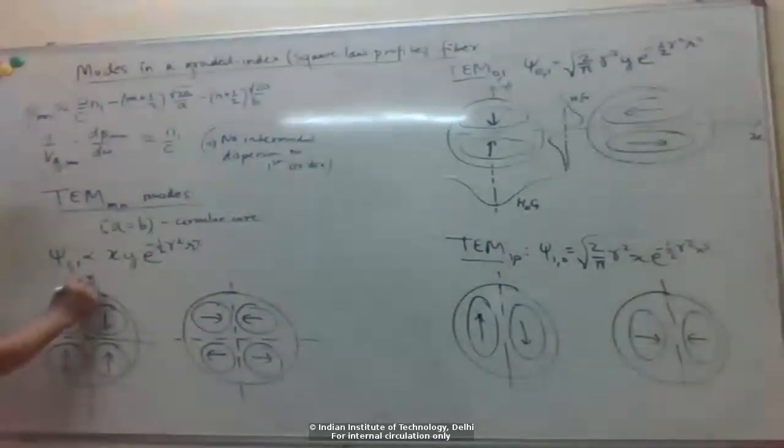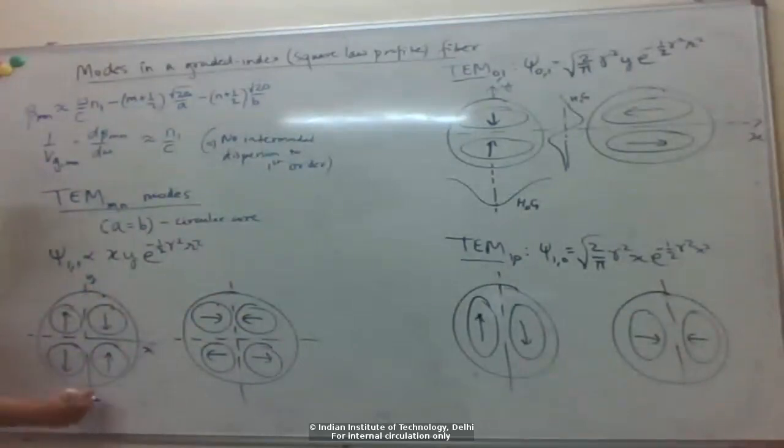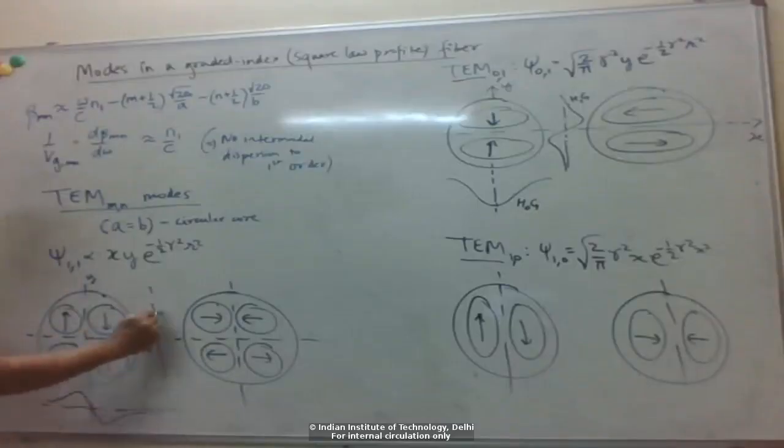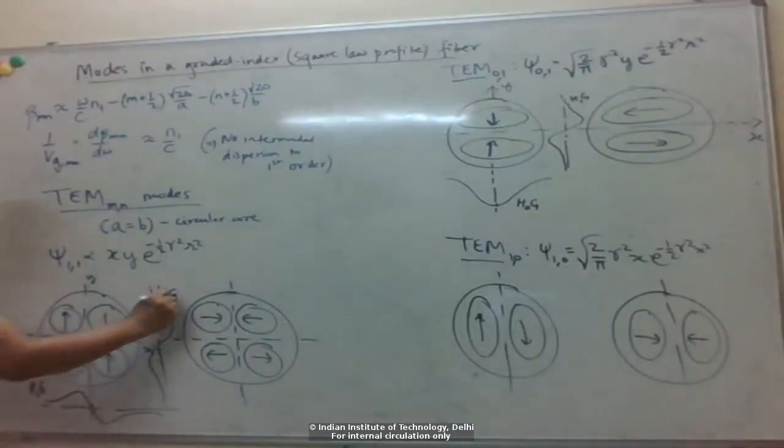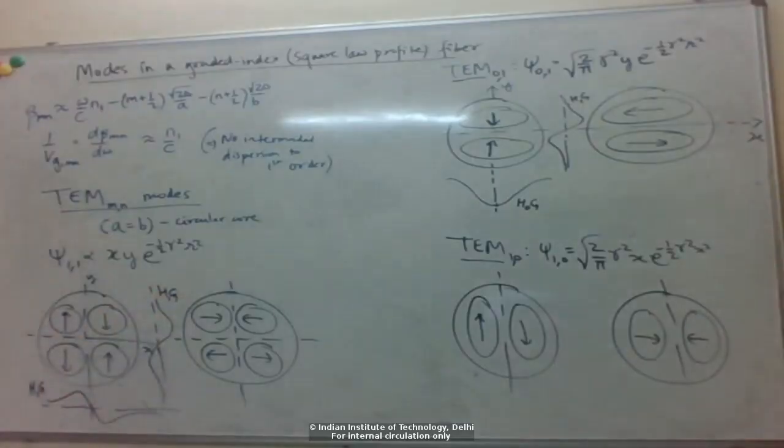Right, so again, if you look at the cross section, the mode profile, now in both the x and y directions, you have the first order Hermite Gaussian function.